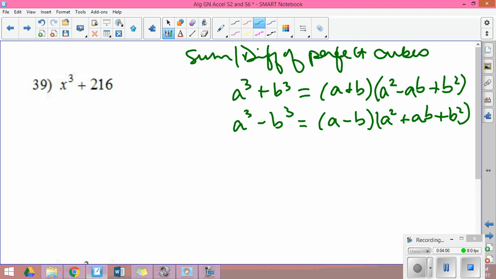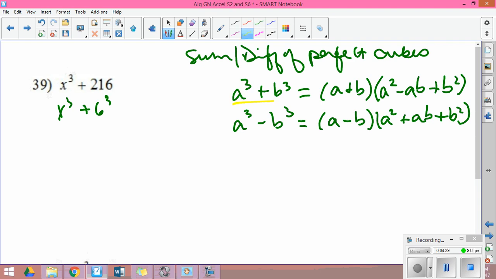So it's just a matter of identifying your a and your b, and then following and being very careful with the signs. Now, we talked about in the volume unit, in the similarity with the volume, it's helpful to learn your perfect cubes. When I see a binomial and identify one as a cube, I automatically check the other. So this is x cubed plus 6 cubed. 216 is 6 cubed.